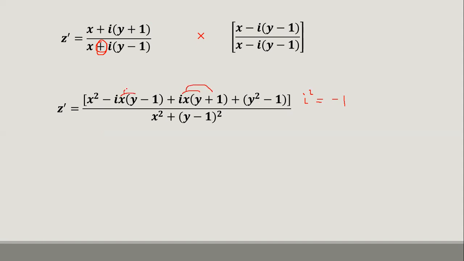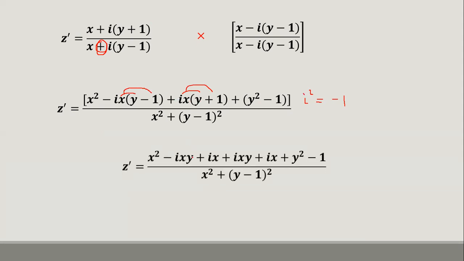Multiplying ix by the whole brackets, multiplying ix here by the whole brackets. Minus ixy and plus ixy are opposite terms, so they cancel each other. We get that z prime is equal to x squared plus y squared minus 1 plus 2ix divided by x squared plus (y minus 1) all squared.